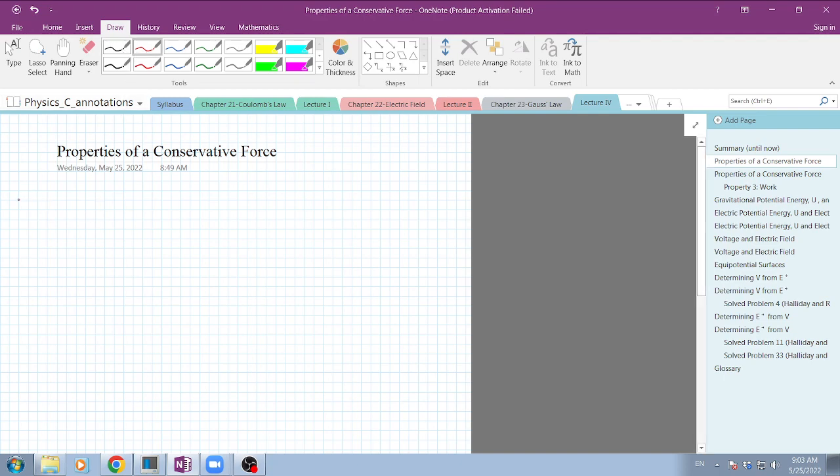So the first one, as you can remember, is that the curl of a conservative force is going to be the zero vector. So this is the first main property that you have. What is the second? And this is the consequence of the first property.